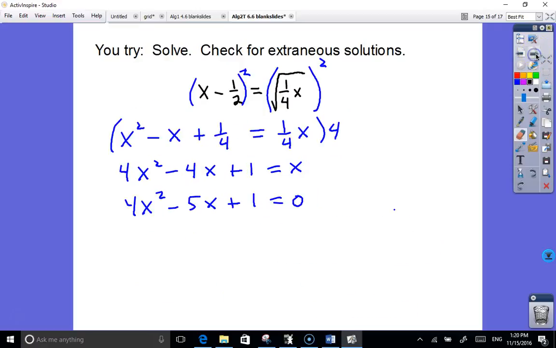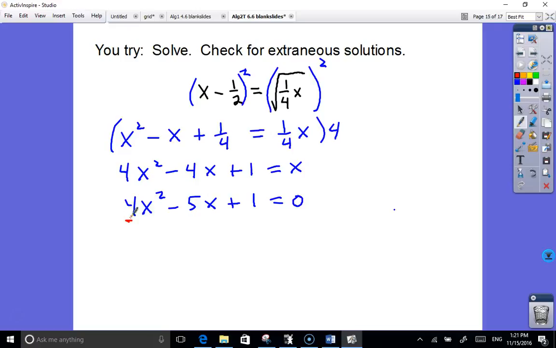But what do you have to do when that is not a 1? 4 times 1, the a times the c is 4. What are the factors of 4 that add up to negative 5? Negative 4 and negative 1. So in the end, it's factorable.